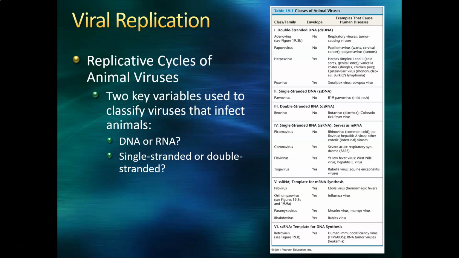So if you take a look at the table there, it gives you some examples of certain viruses that you may be familiar with that fall into one of those four categories. So we can have DNA that's typically double-stranded, like most students would think of, things like pox viruses, so smallpox, chickenpox. DNA can also be single-stranded.